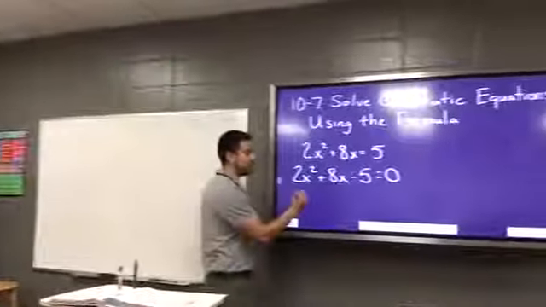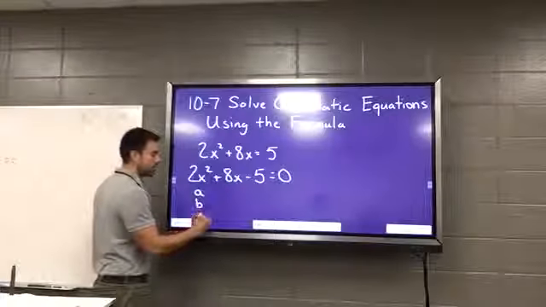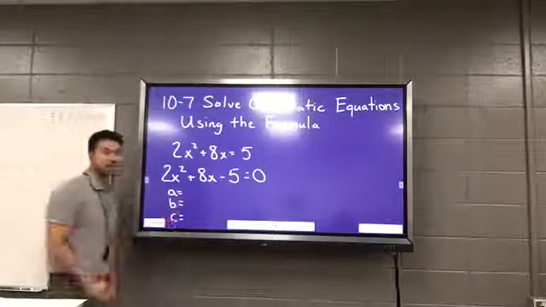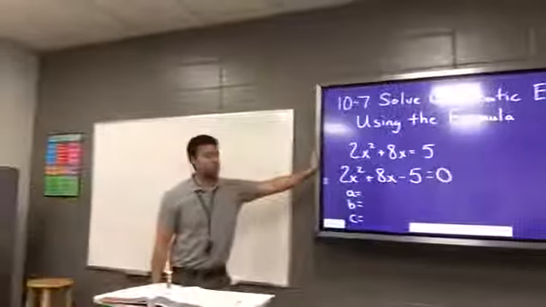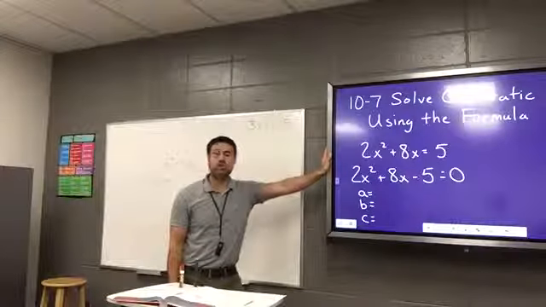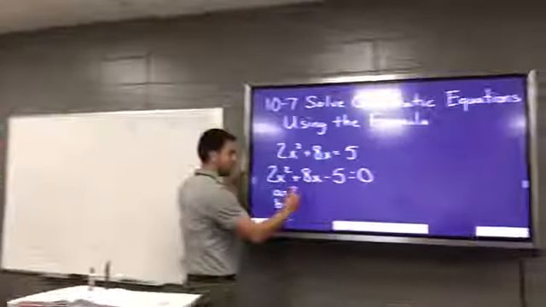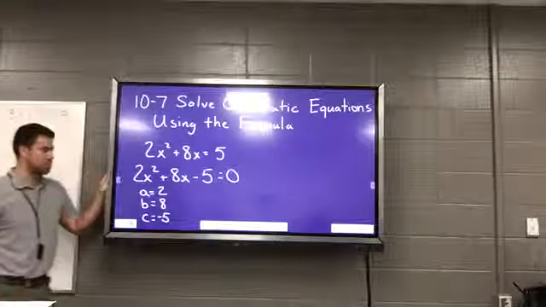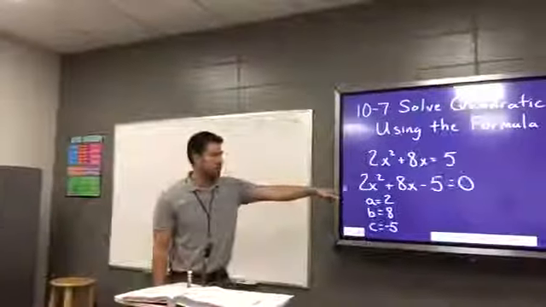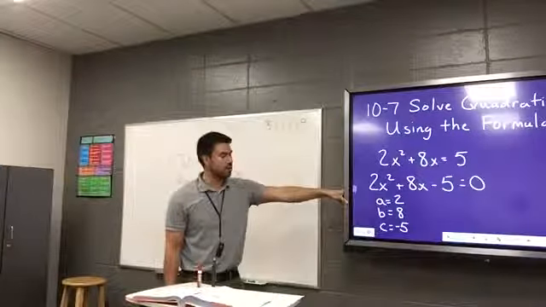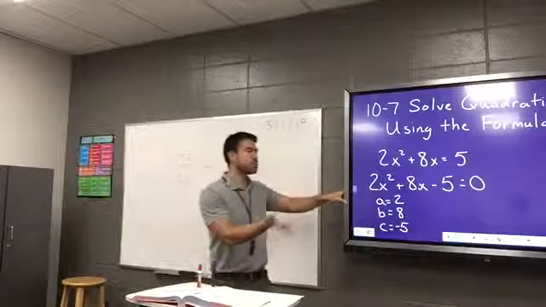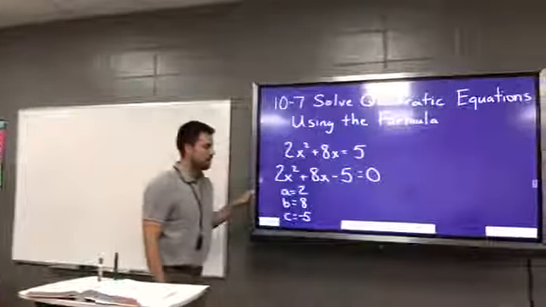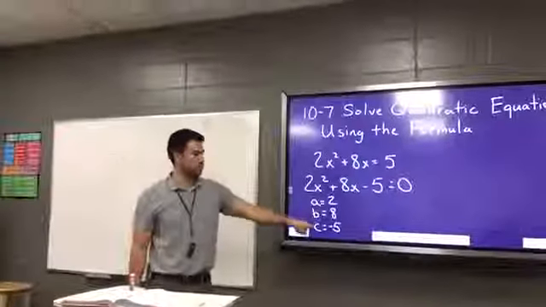Next, you need to identify what's A, what's B, and what's C. So is anything new so far? No, this is all old stuff. What's A? 2. What's B? What's C? And the signs do matter, so please don't switch them up. Those are my A, B, and C values. I need more space, so I'm going to go to another screen.